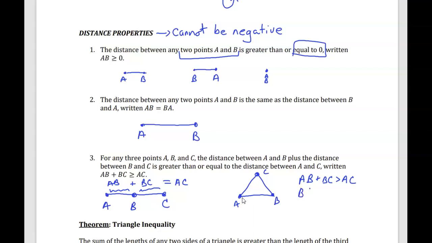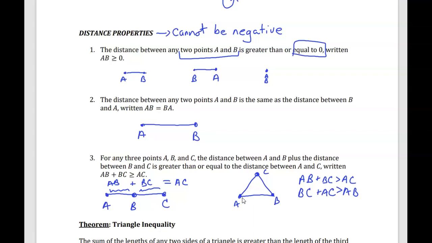Same thing, BC plus AC added together would have to be greater than AB. So this line plus this line has to be greater than this line.